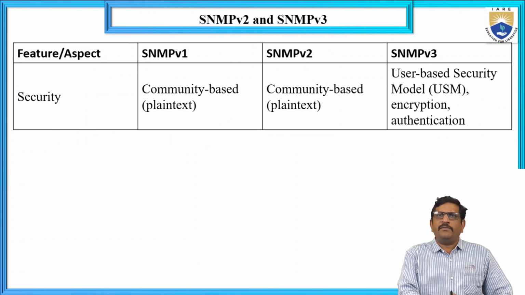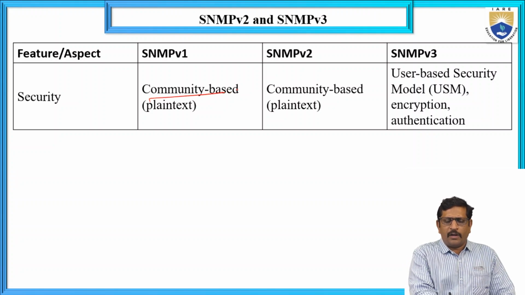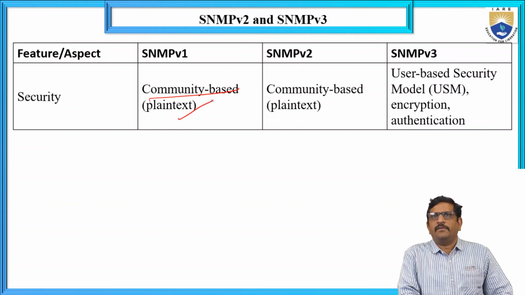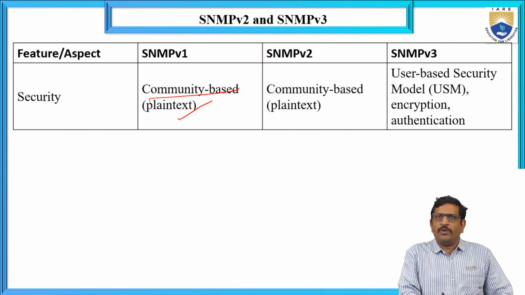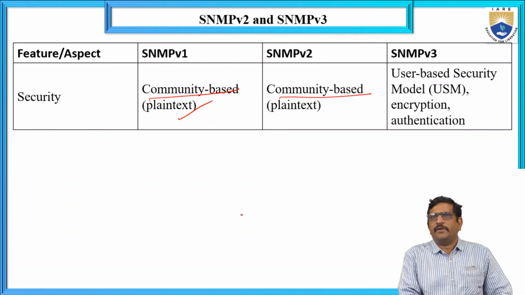In terms of security, SNMPv1 is a community-based protocol, which means plain text is transferred from source to destination. SNMPv2 is also a community-based protocol.